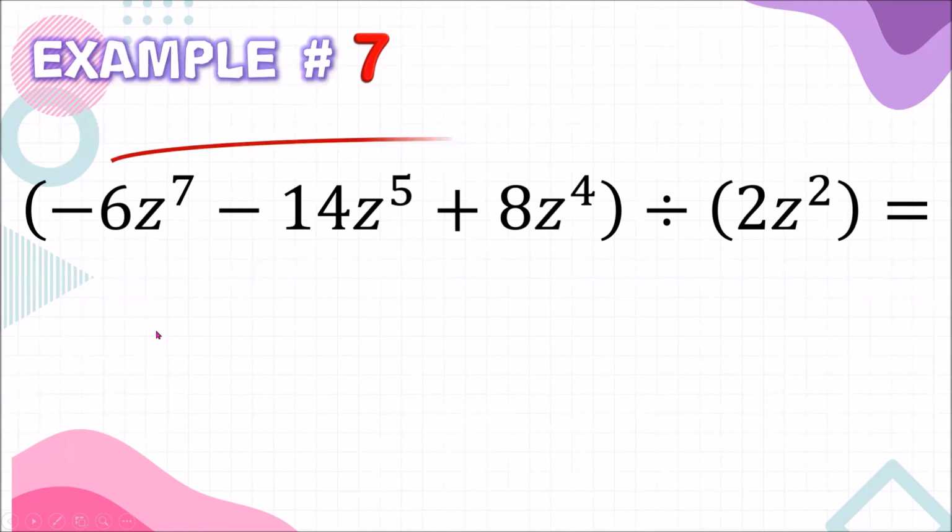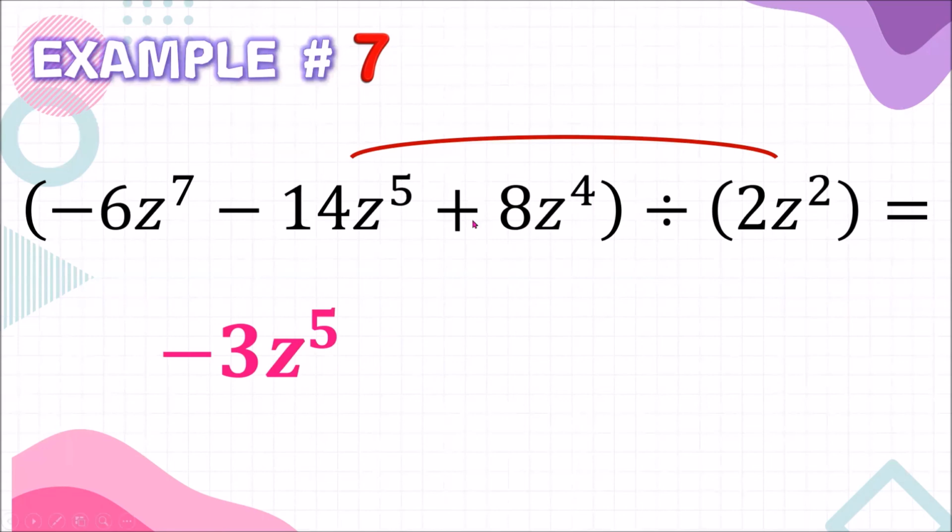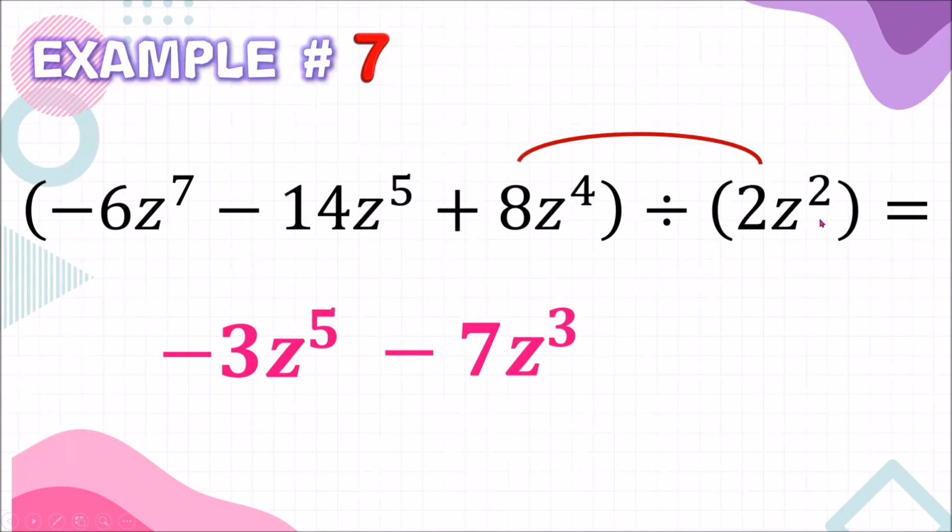So negative 3z to the 5th. And then negative 14z to the 5th divided by 2z squared. So that is negative 7z, 5 minus 2, 3. So negative 7z cubed.